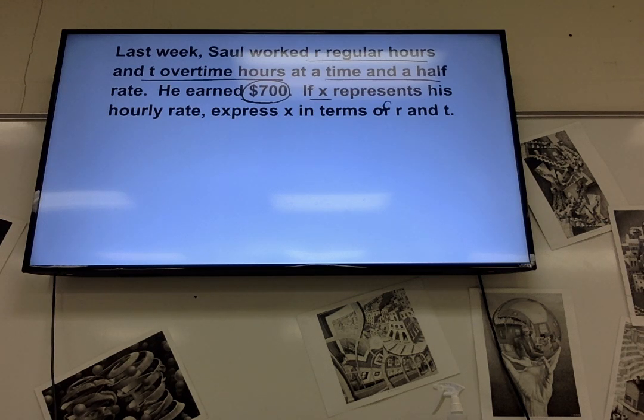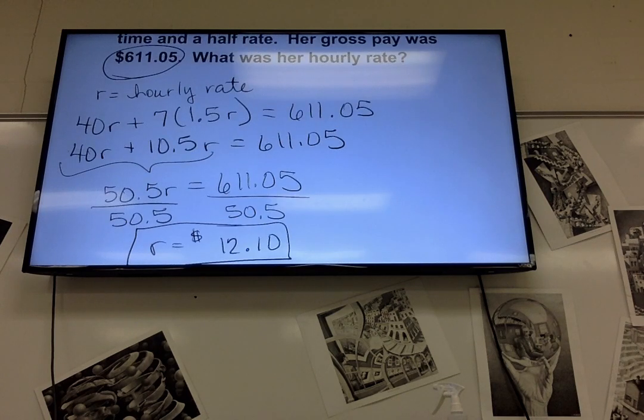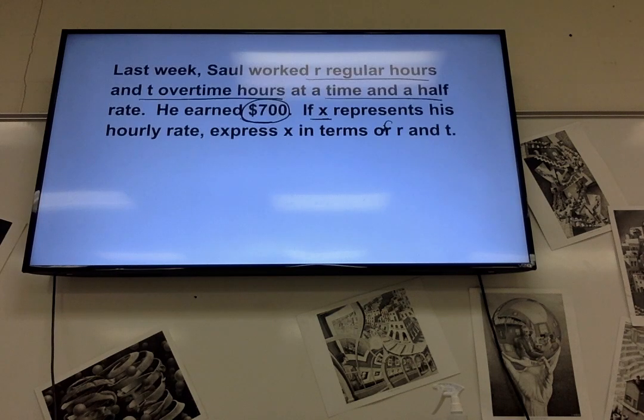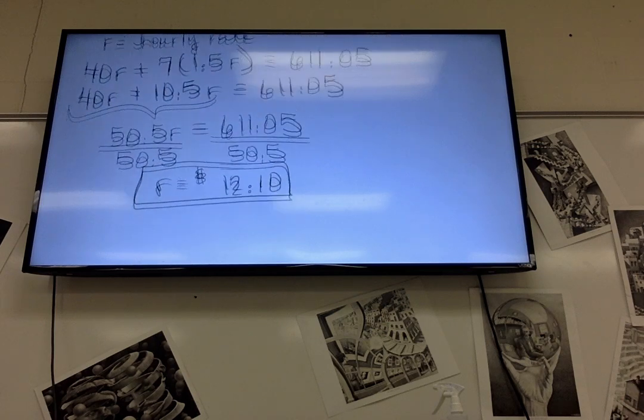Okay, so using what we had up here, we took 40 times R. 40 was the regular hours and R was the rate. So for this one, R is the regular hours and X is the rate. Then we took the overtime hours times 1.5 times whatever the rate was.